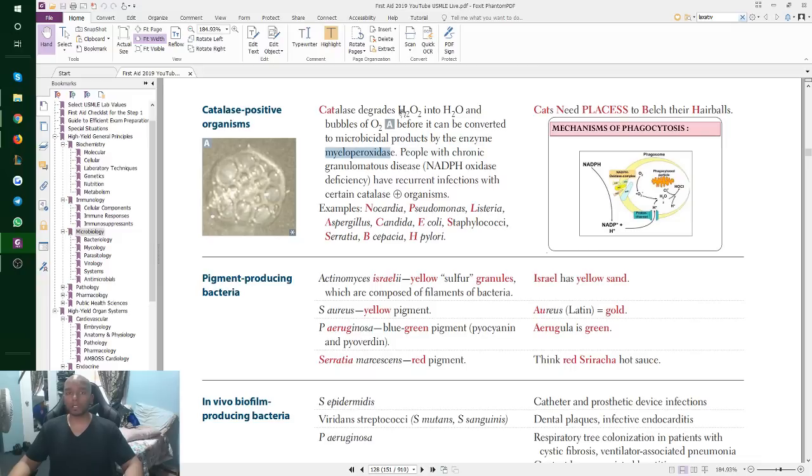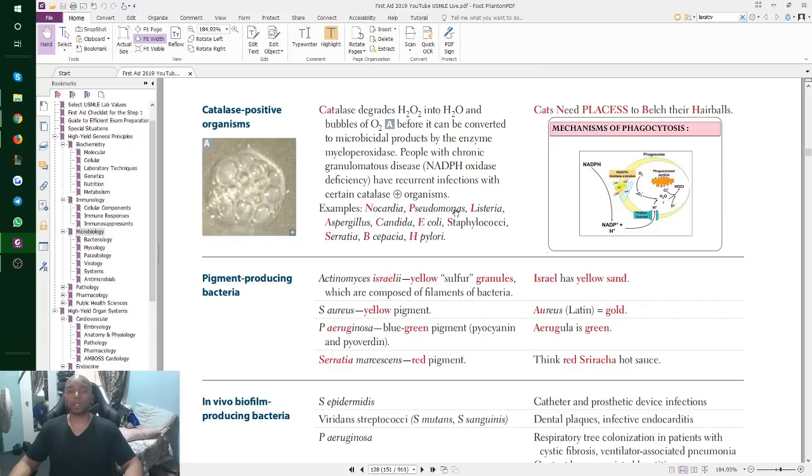Myeloperoxidase would take H2O2 and make weapons out of it to actually kill the bacteria. But if your bacteria has catalase in it itself, it's going to destroy its own H2O2, so your myeloperoxidase can't do its job. People with chronic granulomatous disease, who basically have a deficiency of NADPH oxidase, have recurrent infections with the following bugs that are all catalase positive.